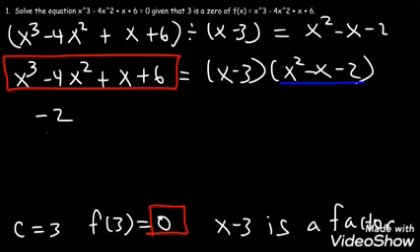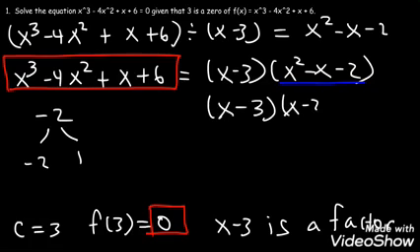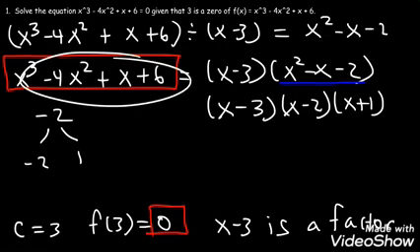Are there two numbers that multiply to negative 2 but add to negative 1? This will be negative 2 and 1. Negative 2 times 1 is negative 2, and negative 2 plus 1 is negative 1. So this is going to be x minus 3 times x minus 2 times x plus 1. So now this expression is completely factored.